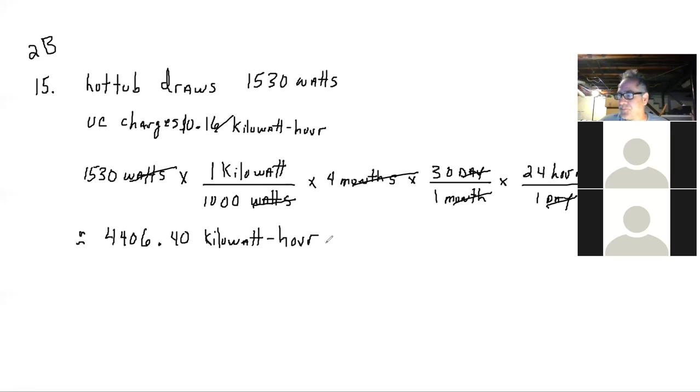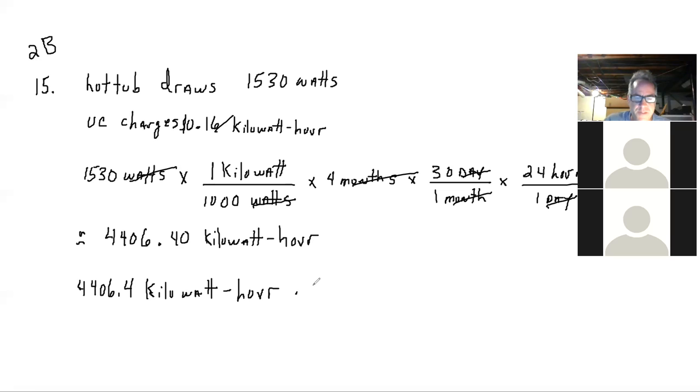All right, now to get our amount of money, again, it's just a matter of multiplying this by 16 cents, but watch how the units work. I'm able to take this 4,406.4 kilowatt hours times the amount that the utility company charges, which is 0.16 of a dollar.